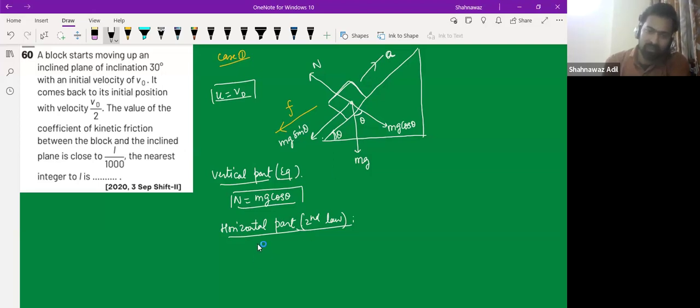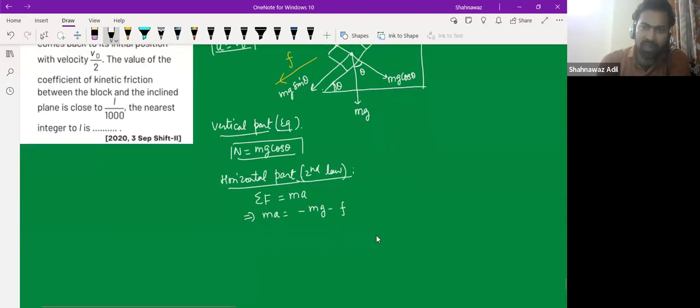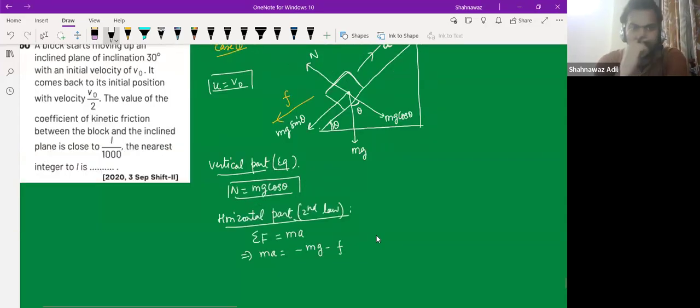So all the forces add up to MA. And we know that both the directions are opposite. So MA would be minus of mg and minus of F. What is this friction? This is Fk, right? Kinetic friction.